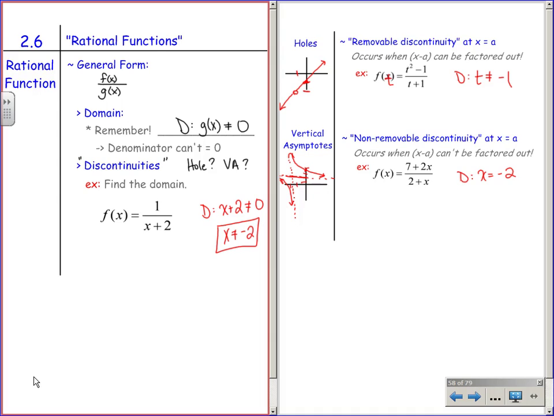X squared can be 0, though, when x is 0. Keep thinking. 6x can be 0 at 0. X plus 1 can be 0 when x equals -1. 2/3, no, it's still when x is 0, though, right?